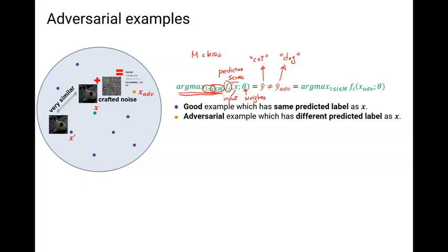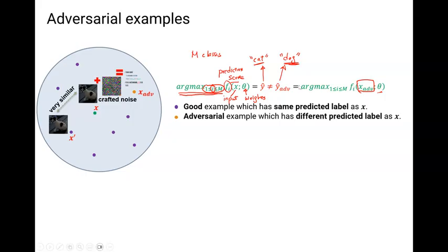Basically, it gives the best predicted class the model can give you. For the original one, it is the cat. But if you give the same model the adversarial example, it will misclassify it, as a dog image or something else, anything other than cat.